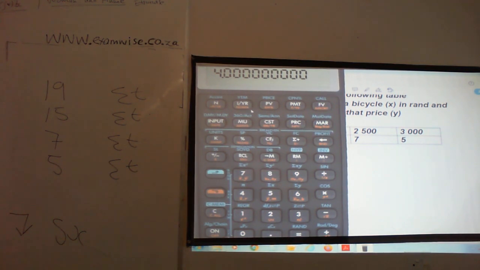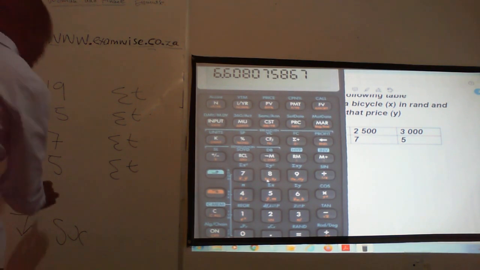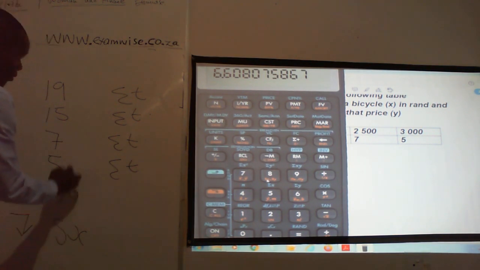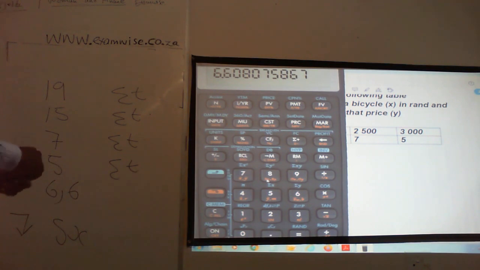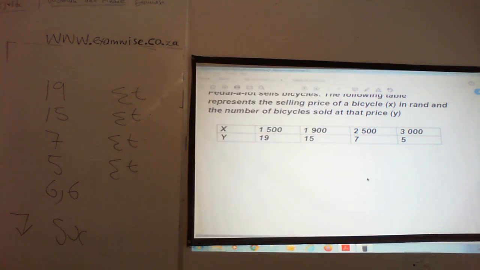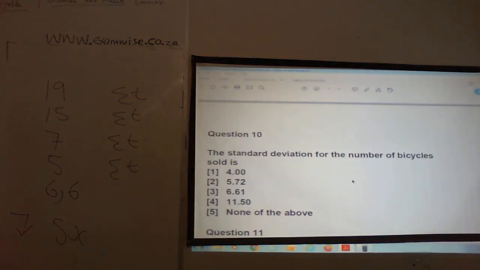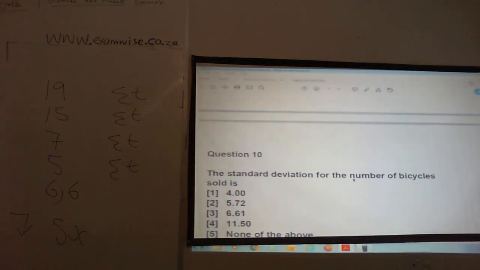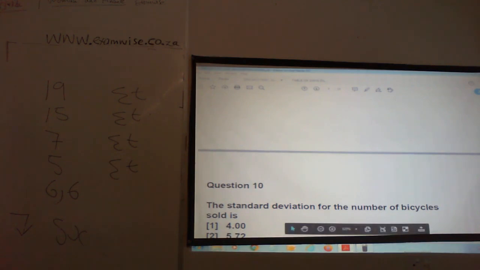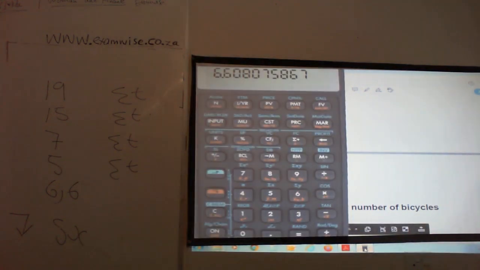Now we need to determine SX. SX is here on the 8, but it is in orange. So we must start by pressing down arrow and then we press SX. Our SX there is 6.6. We can check on our answers whether it is 2 decimal places or 1 decimal place. Our answers on question number 10 have 2 decimal places, so we can also express ours to 2 decimal places.